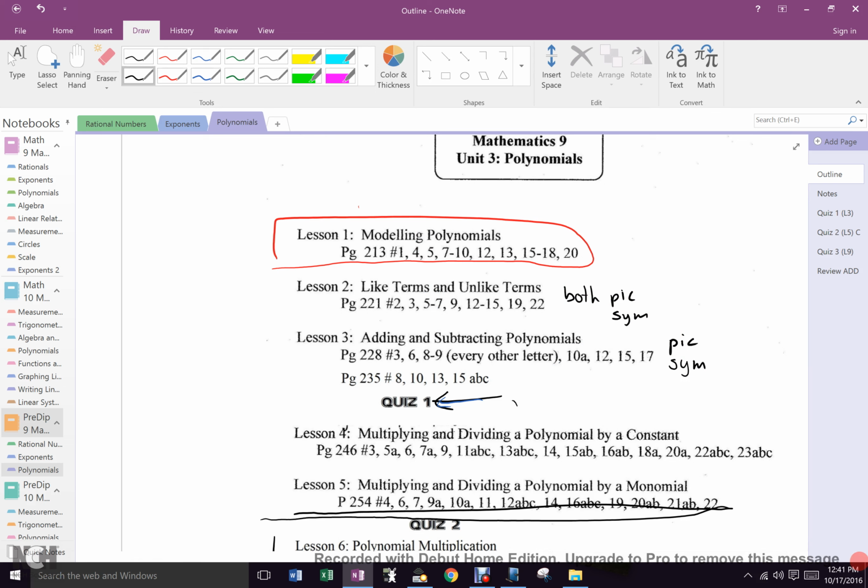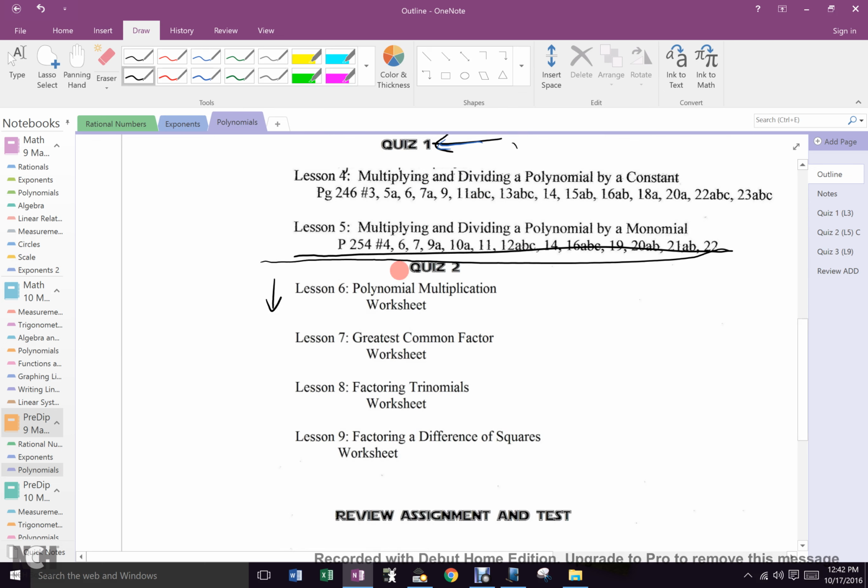You've got till 1:05. I think 25 minutes to add some numbers together should be enough time, right? I don't need you to have homework, usually in these units, until we get to the end, right? All the way down here, you're probably going to have homework. Up until there, you should be able to figure that out and get it done in class. Okay?